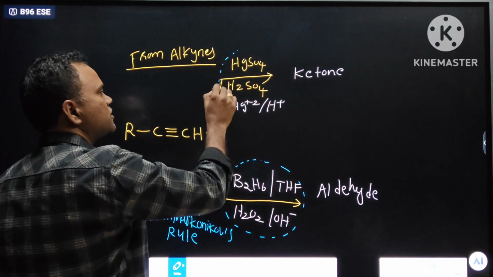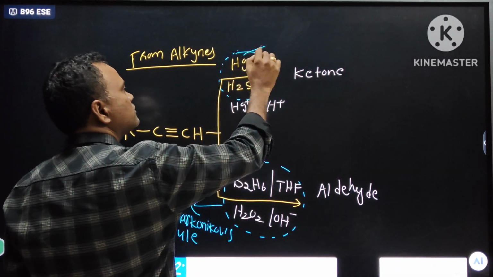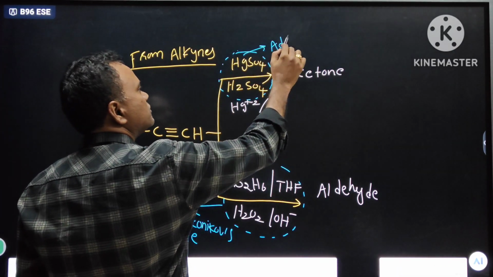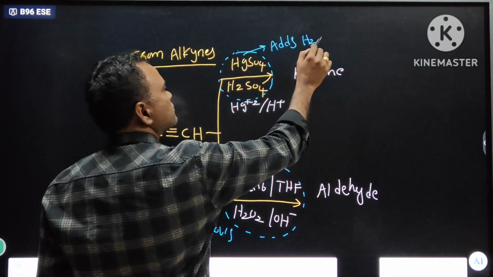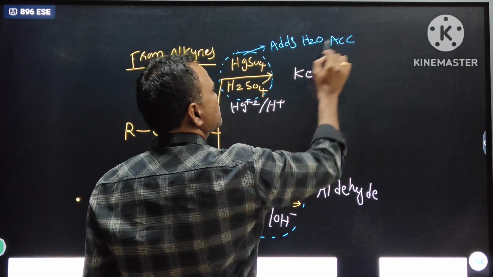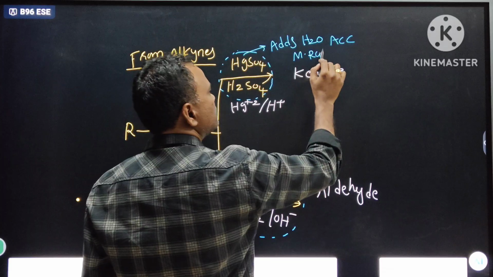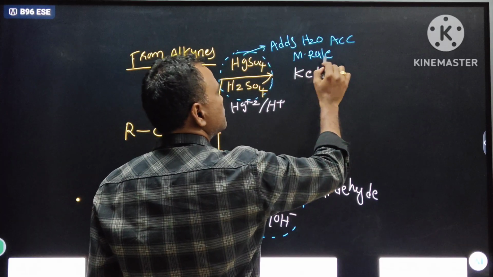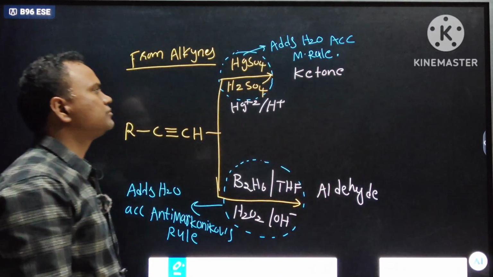This entire reagent adds water molecule according to Markovnikov's rule.